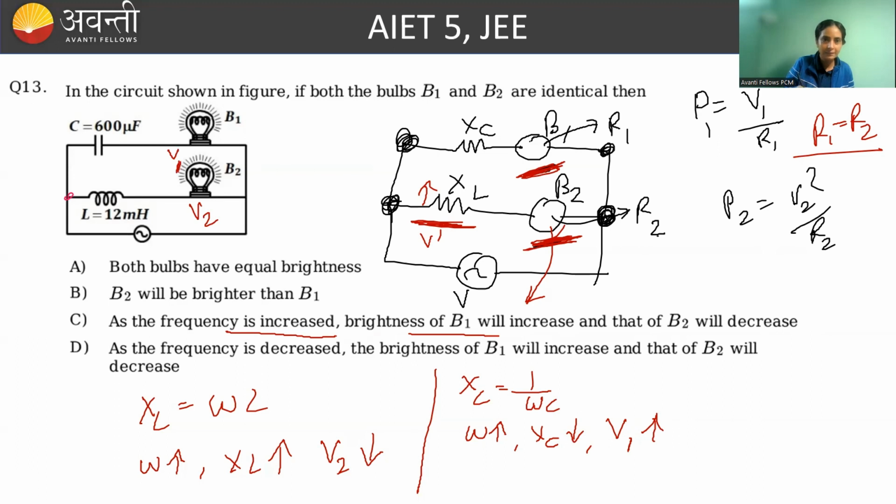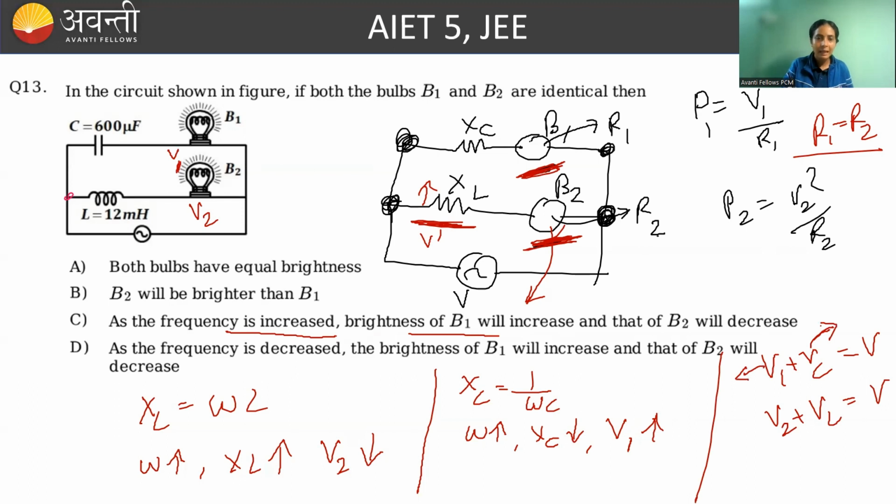V1 plus VC equals V, and V2 plus VL equals V. If XC is decreasing, VC is decreasing, then V1 will increase. And if VL is increasing, V2 will decrease. That is why I wrote here.